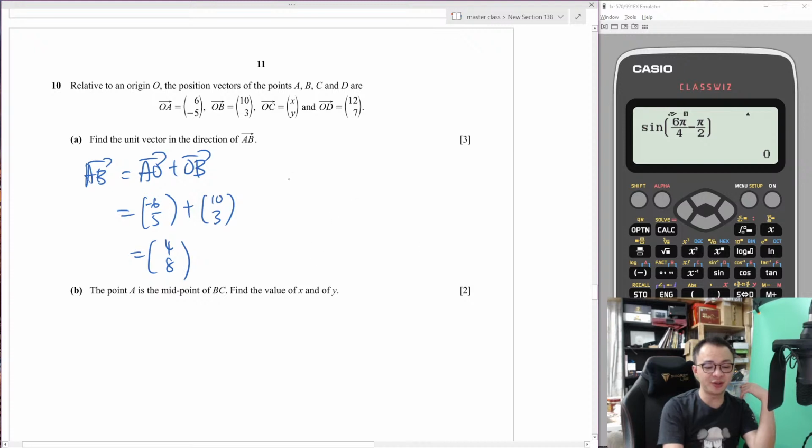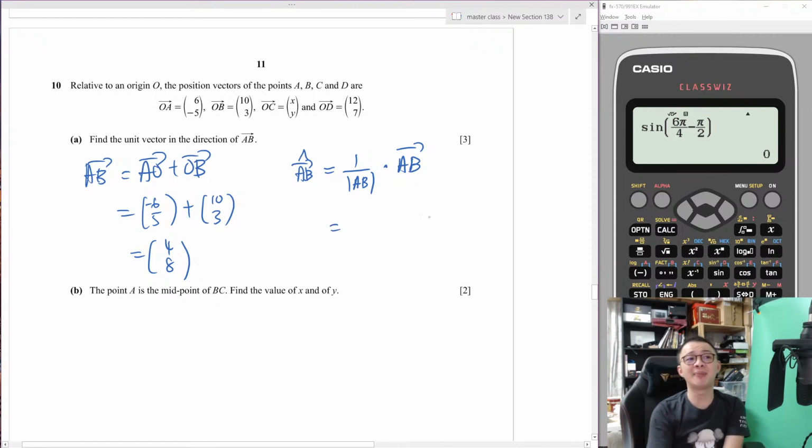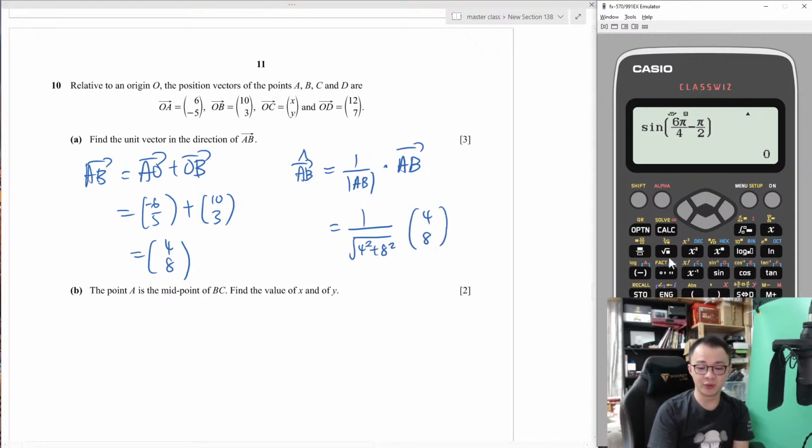Alright, so to find the unit vector of AB, it is basically 1 over the length of AB multiplied by vector AB. Which is 1 over square root of 4 squared plus 8 squared, times (4, 8). So you can do square root of 16 plus 64, so it's 4 root 5.